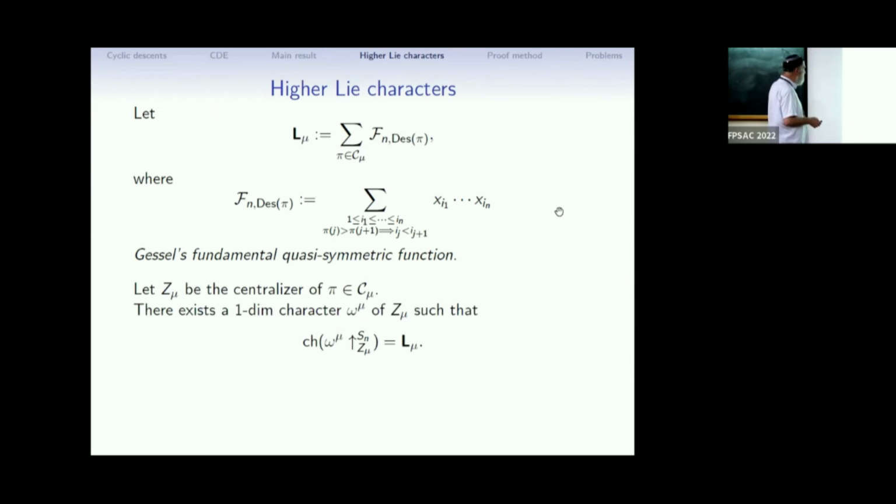So there is the pre-image of this, in n variables and the descent set. This is a generating function for the descent set over the conjugacy class.